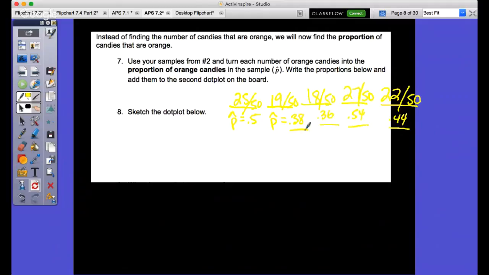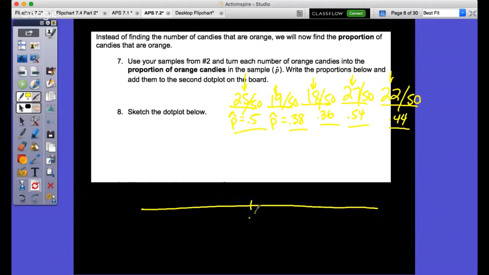And so for each of these now, I want you to create a different dot plot over on that right-hand side, where instead of having the values that you received from the number of oranges, like 25, 19, 18, 27, and 22, this time I want you to write the actual proportions down.